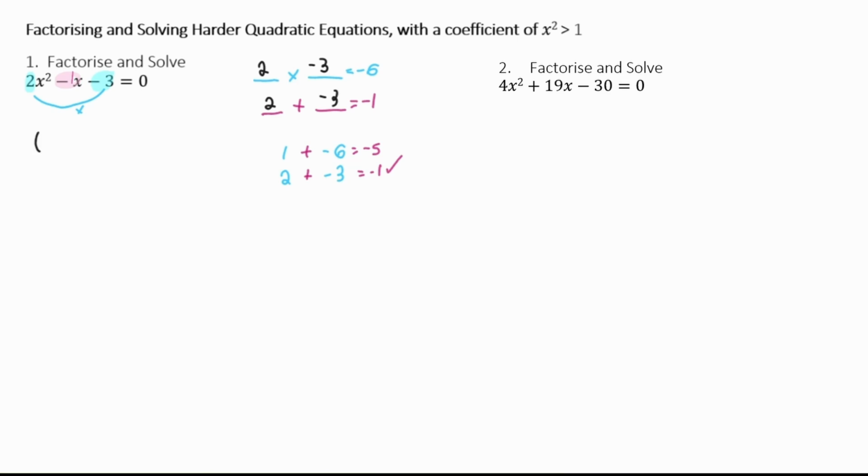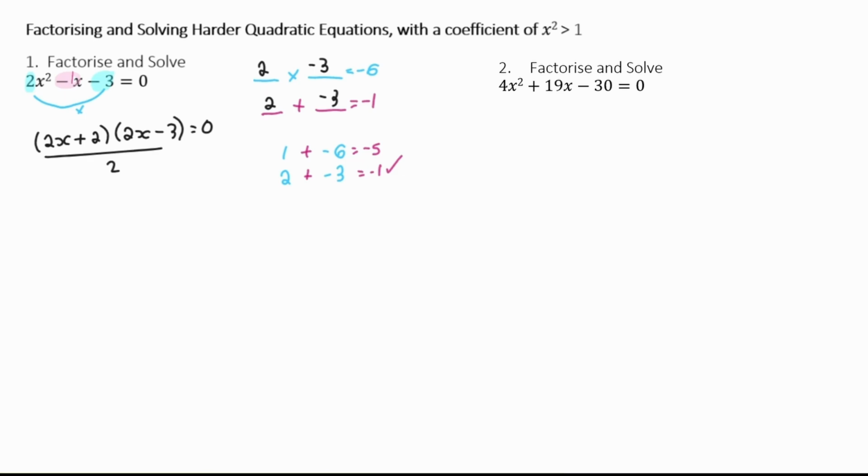We can then put them in the brackets by starting with 2x, because our coefficient of x squared is 2. So we could put 2x and the first factor, which is 2, and then put 2x and the second factor, which is minus 3. But one of these brackets will have to be divided by 2.